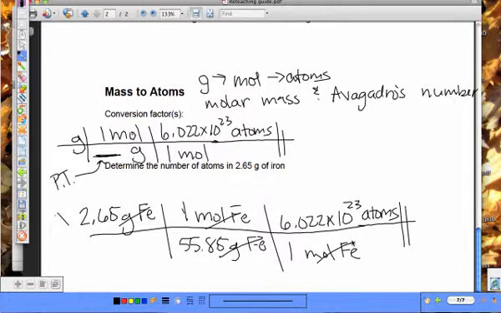You can multiply by Avogadro's number first and then divide by 55.85, or you can divide first by 55.85 and then multiply by Avogadro's number. You'll get the same answer. You get 2.86 times 10 to the 22nd.